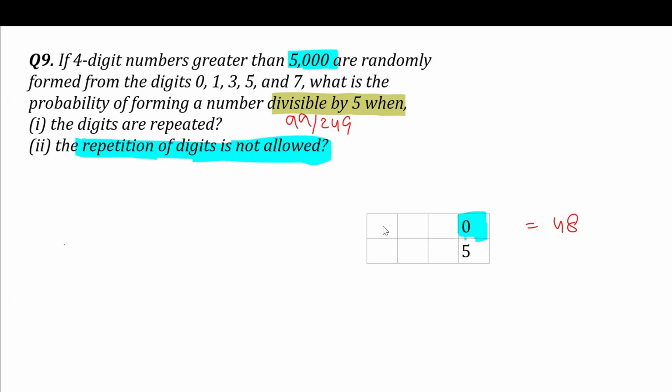Now, if I place 0 in the unit place, this slot will continue to have the two choices. That means we can place 5 or 7. So that means I can place 5 or 7 here. Considering that the repetition of the digit is not allowed, we can say that this slot can be filled with 2 ways. We have 2 choices and this has only one.